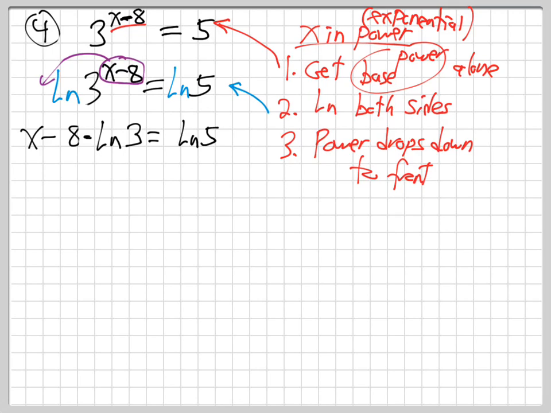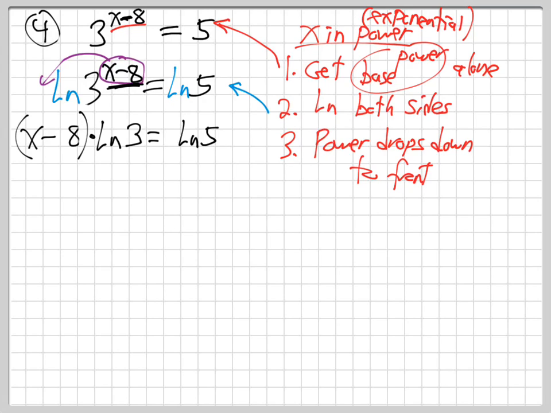Why is that so terrible? Well, it can't be right because the whole x minus 8 has to go to the front and be a multiplier, not just the 8. So you've got to put parentheses. That way it indicates the whole x minus 8 is multiplying the ln of 3.